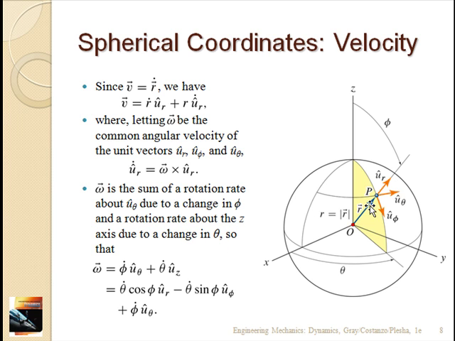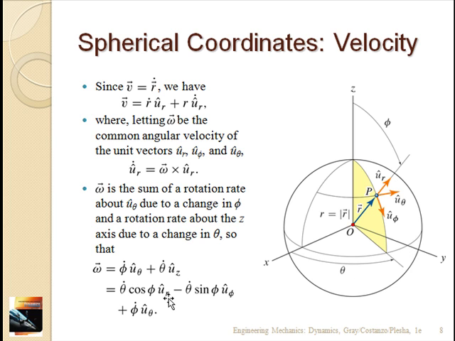Okay, so in other words, there's a component of the angular velocity of point P in the theta direction, which is this way, due to phi hat, due to the time rate of change of this angle, and then in the z direction this way, due to theta hat, right, due to rotations about the z-axis.